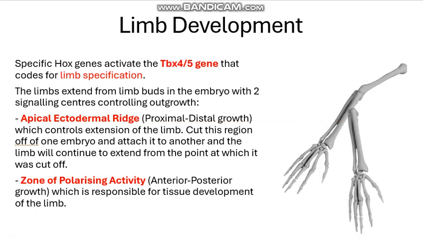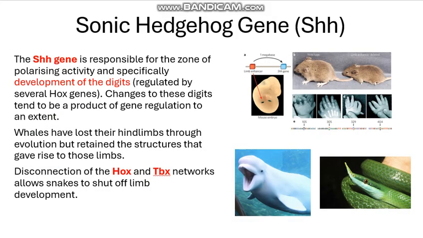And then the other signaling center is the zone of polarizing activity, which is in charge of anterior to posterior growth, so the thickening of the limb rather than the extension of the limb. The zone of polarizing activity is responsible for tissue development of the limb. Something quite interesting: the sonic hedgehog gene is responsible for the zone of polarizing activity, and specifically the development of the digits, and it's regulated by several Hox genes.